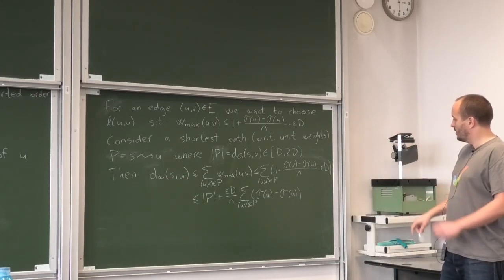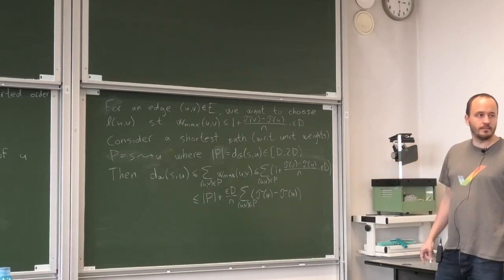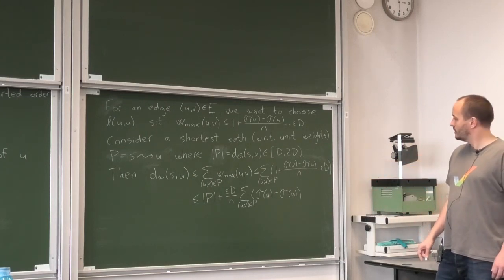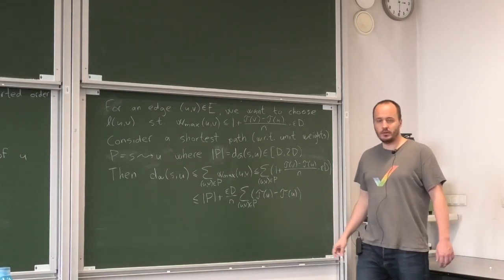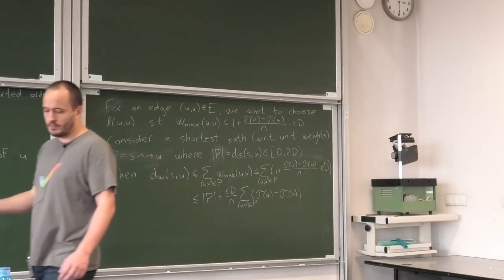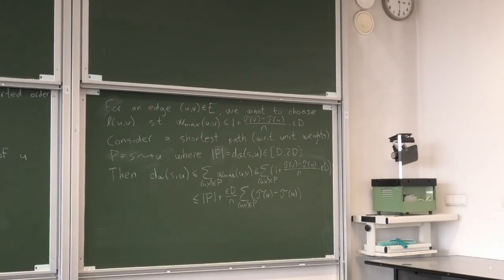Okay. Now what can we say about this sum here? The sum of all these differences in topological ranks. So here we have 7 vertices, right?